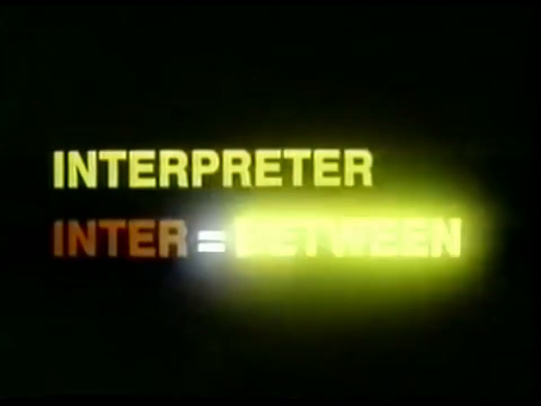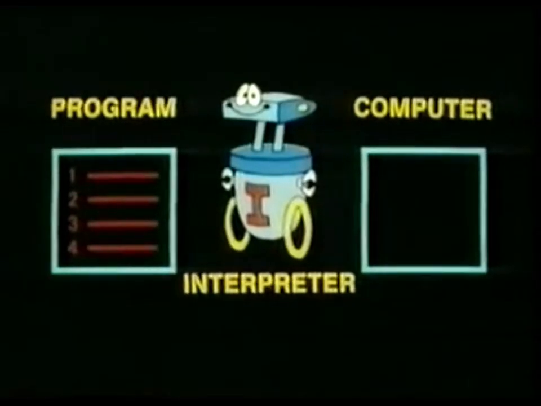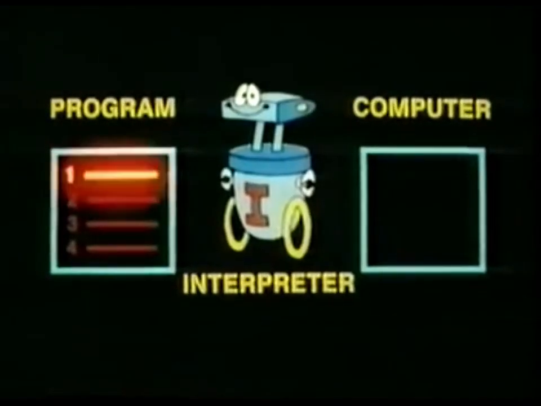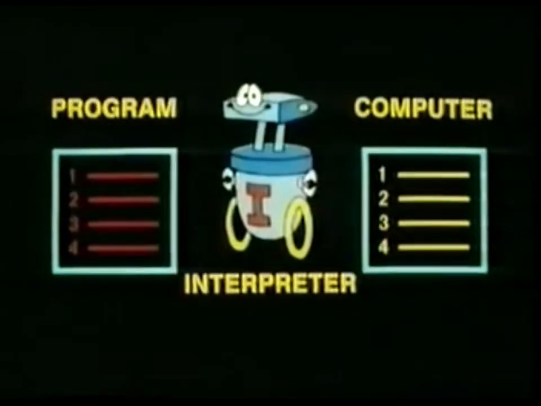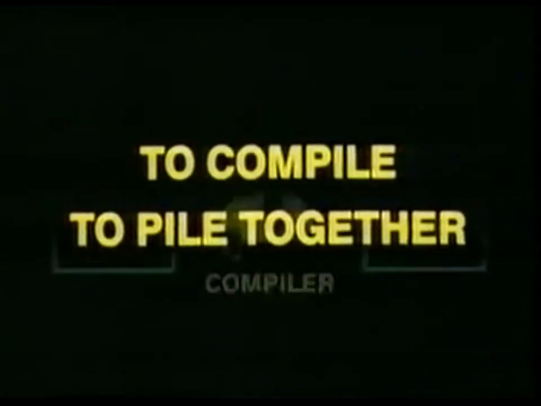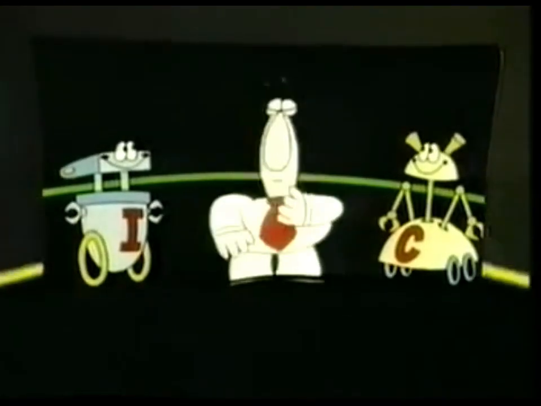Inter means between. The interpreter is always between your program and the computer, and it translates line by line. To compile, on the other hand, means to pile together. A compiler piles together your entire program and translates the whole thing all at once. Which one you use on Planet Gobbledygook is entirely up to you.